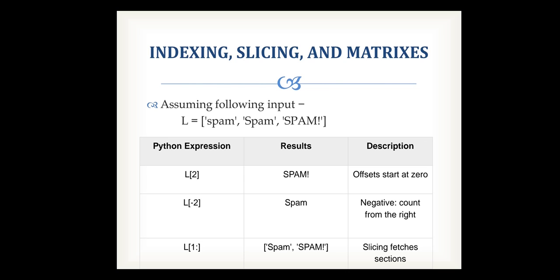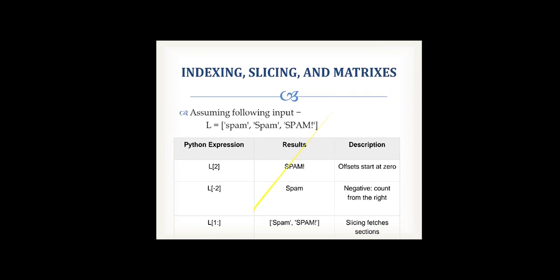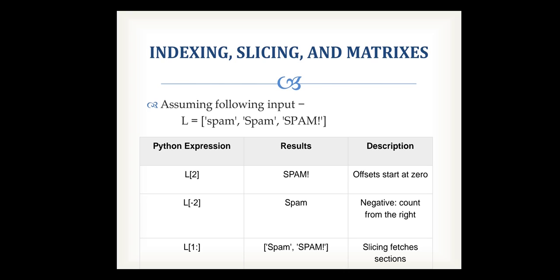So here we are going to see how it is possible. Okay, so see the list containing three elements: the first is spam, the second has the initial letter S capital, and in the third all letters are uppercase.